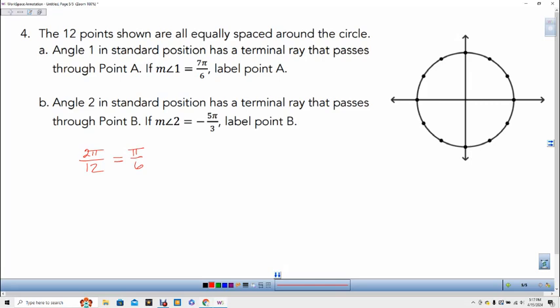So if each dot sweeps out pi over 6, there's pi over 6, there's 2 pi over 6, there's 3 pi over 6, 4 pi over 6, 5 pi over 6, 6 pi over 6, 7 pi over 6, and that is A. So there is point A, and there is your angle of 7 pi over 6.